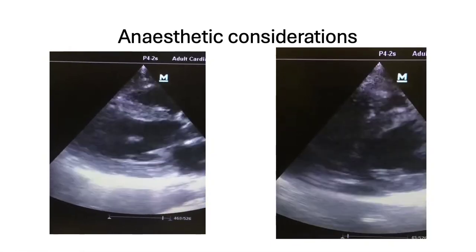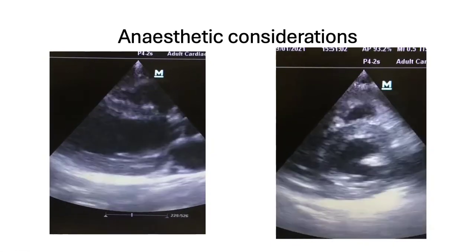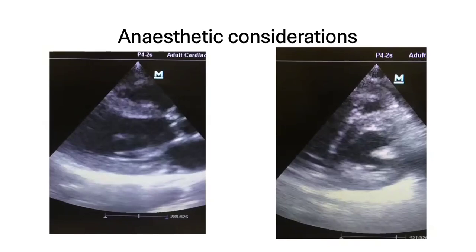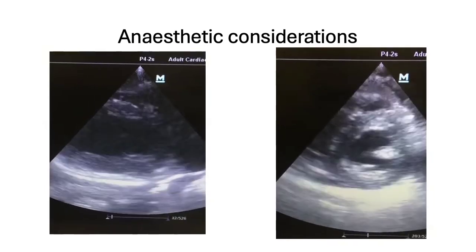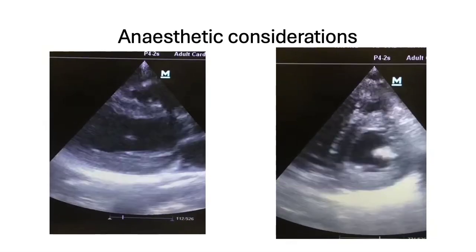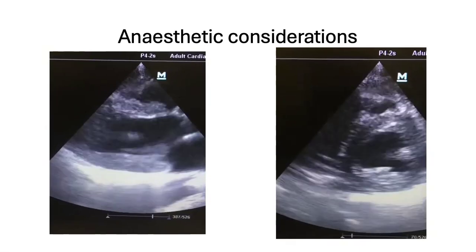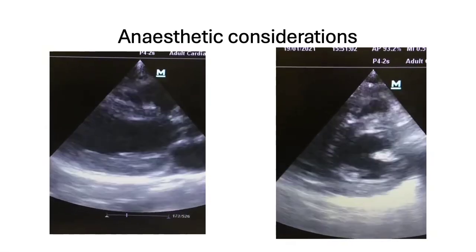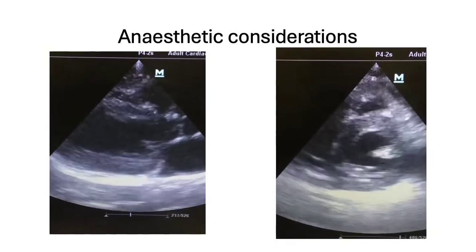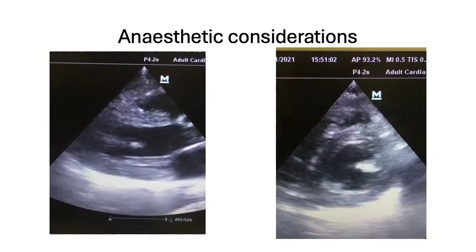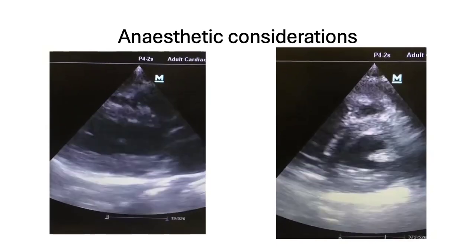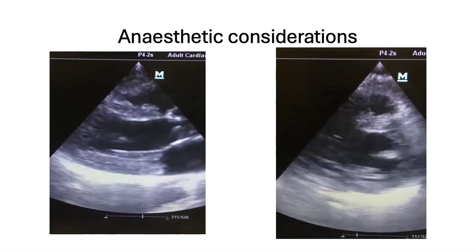If I was going to anesthetize this patient, I would be very careful about fluid administration, and I would also make sure that I put in an arterial line prior to induction, because I would want to know what the beat to beat blood pressures are. In addition, I would use monitors that show changes in things like systolic pressure variation to guide my fluid administration in this patient.